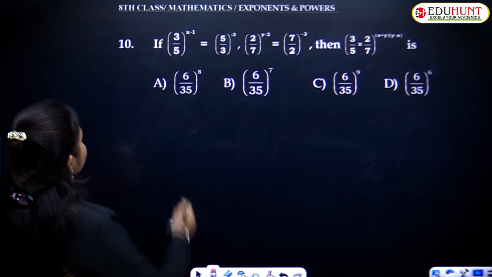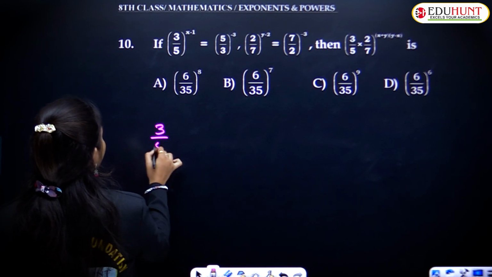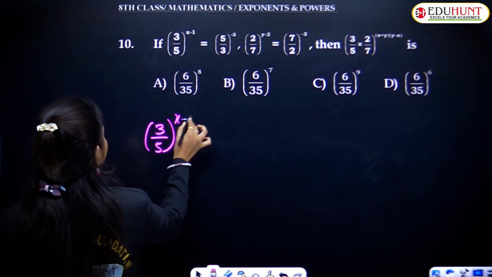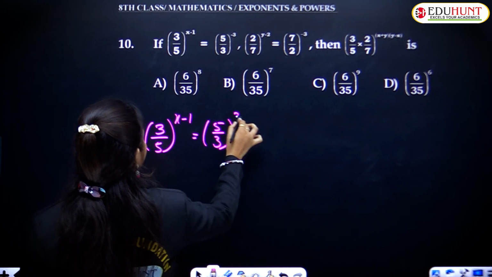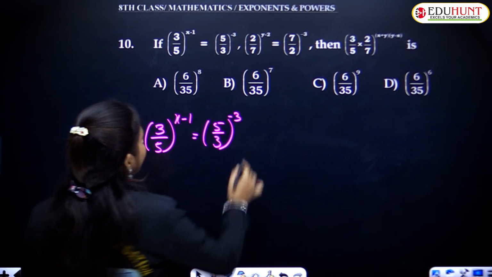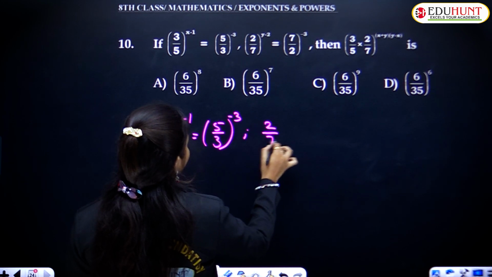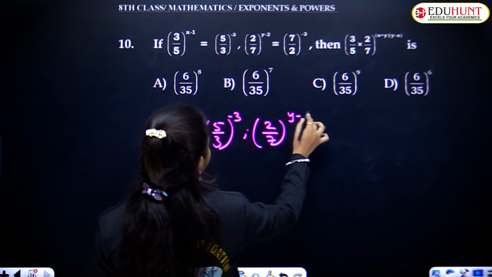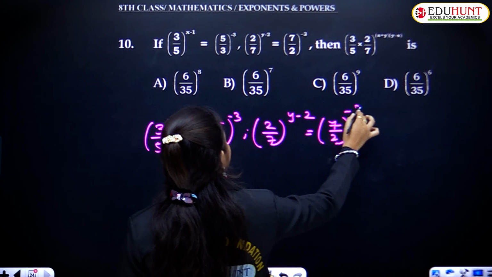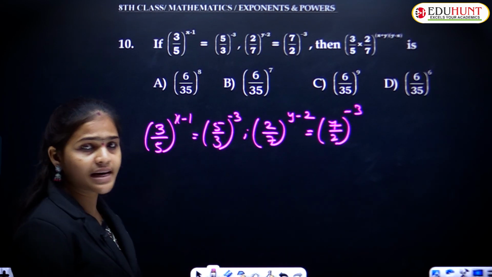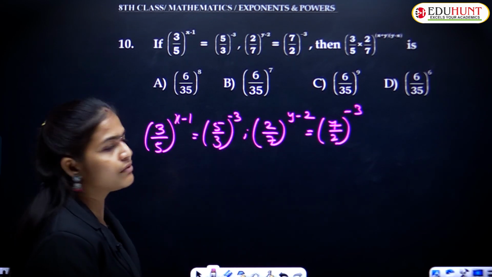So what is that? (3 by 5) whole power x minus 1 is equal to (5 by 3) whole power minus 3. And in the same way (2 by 7) whole power y minus 2 is equal to (7 by 2) whole power minus 3. Understand? First simplify this, later we will go for that.